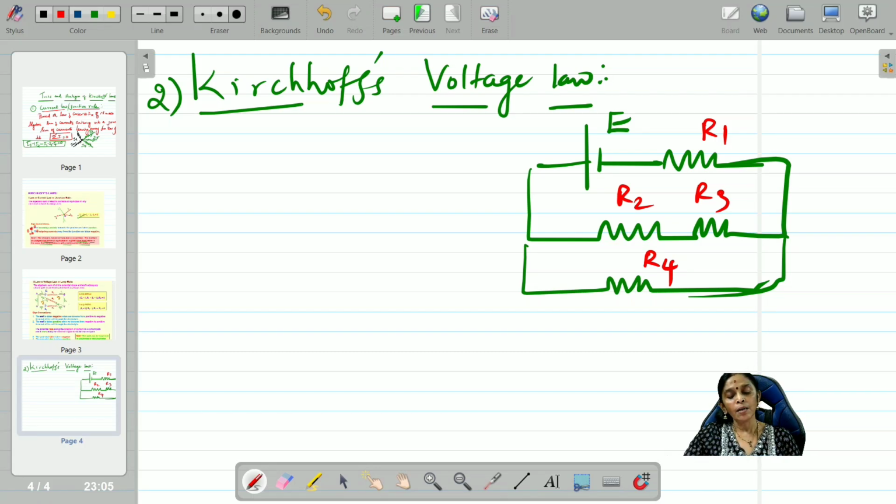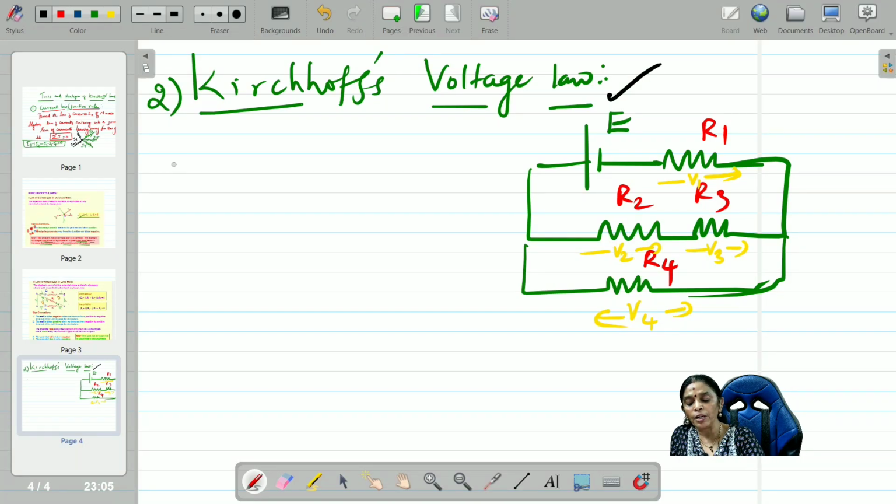The effective voltages across R1 is V1, across R2 is V2, across R3 is V3, across R4 is V4. When you add all the voltages, that will be equivalent to the EMF or the battery voltage which has been supplied to it.